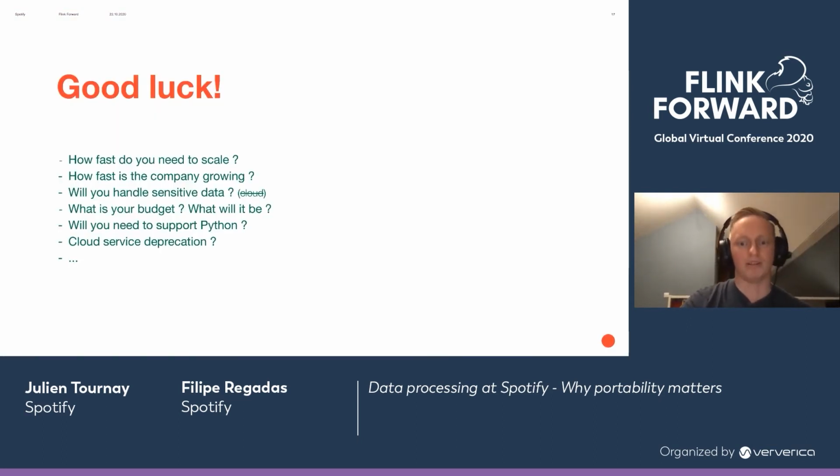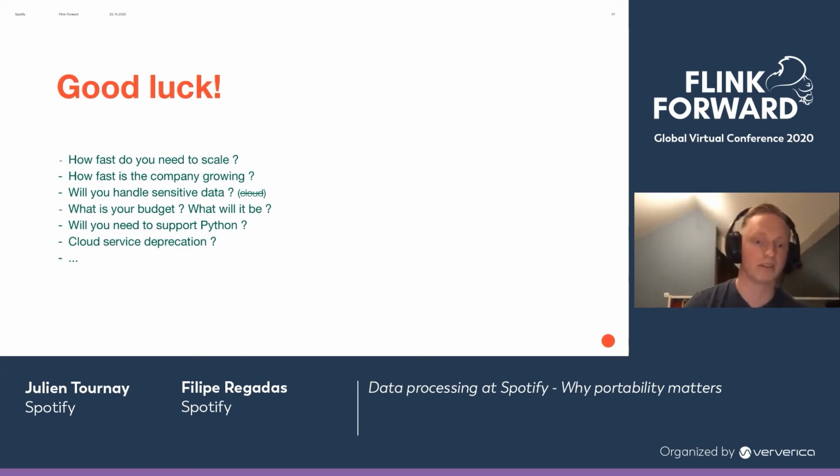Well, the problem is it's not easy, right? Can you make the choice? By definition, when you start your data processing journey, you don't know anything. You're starting, right? So do you know how fast you're going to need to scale? How much data you will have in 1 year? Do you know that? Probably not. Do you know how fast the company will be growing in the next months or years?